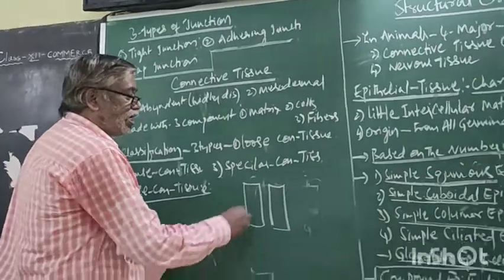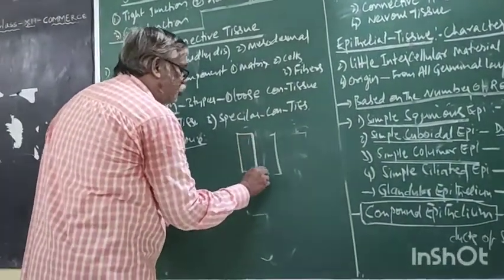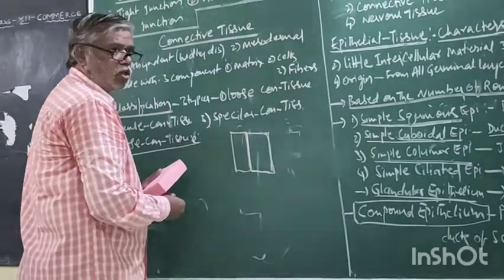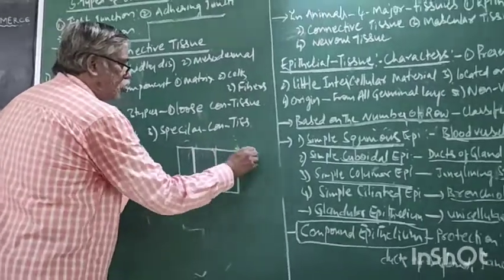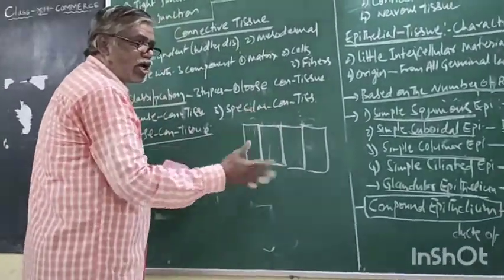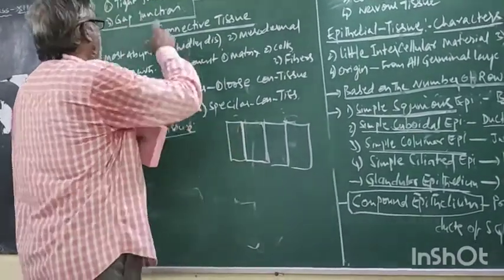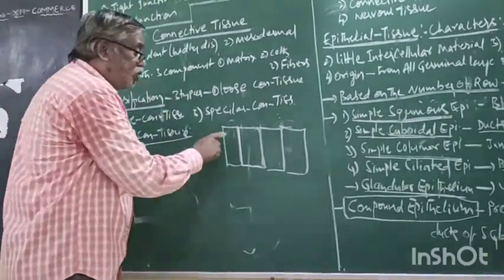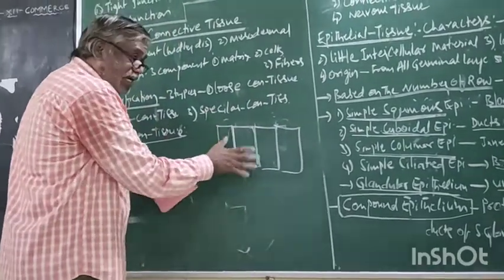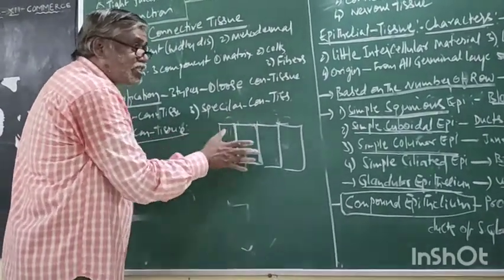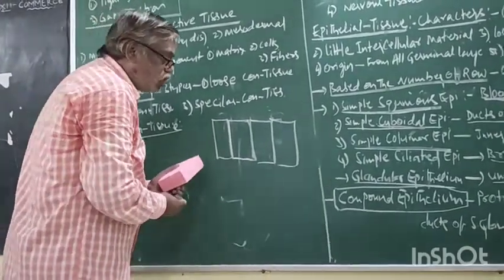Suppose it is a tight junction, that means there is no gap between two cells. Now it is the tissue, and there is no gap between the two cells. Such a junction is called a tight junction. It is tight based on need.